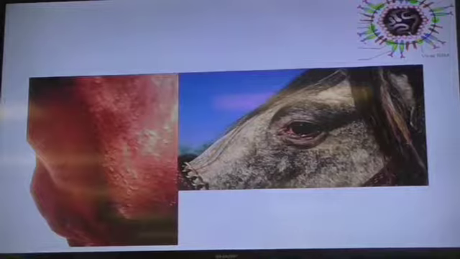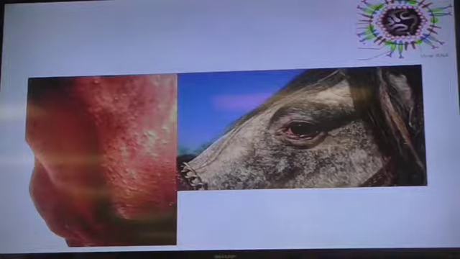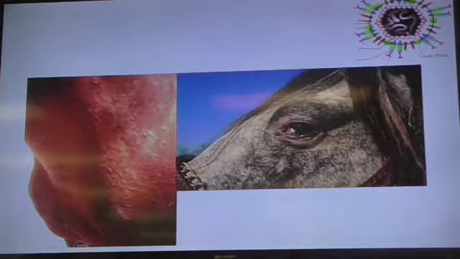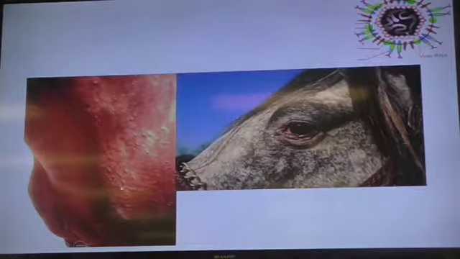The photos here show eyelid edema, although this is not really a consistent feature in equine arteritis, but conjunctivitis and edema can be one of the signs. Also there is what's called, in simple terms, the hive, which is basically an allergic reaction.